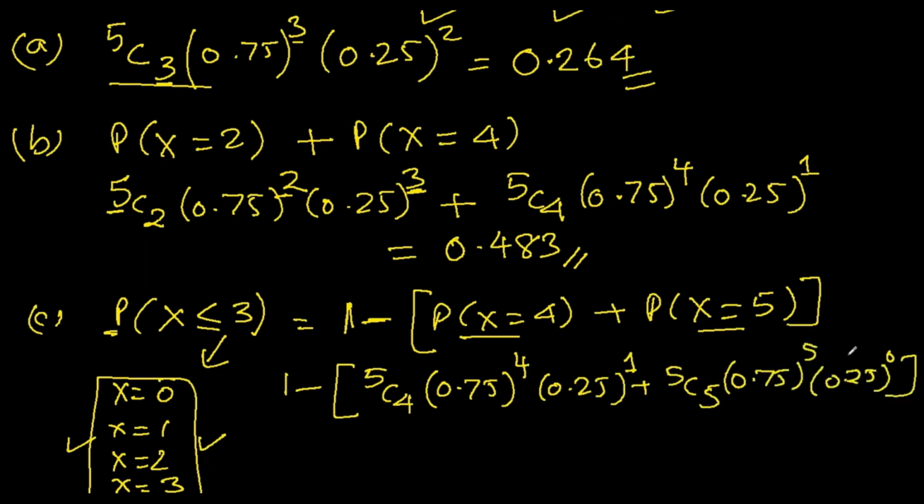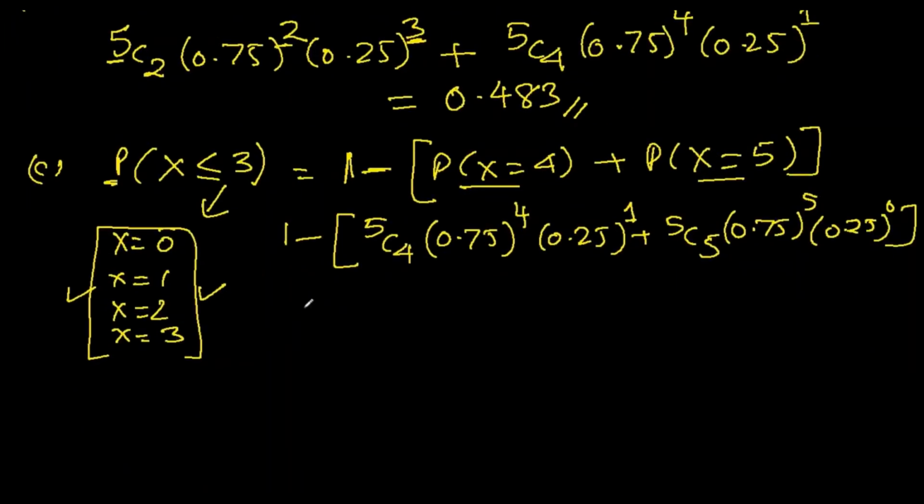So we just put this in a calculator and we'll get the probability for the same. So it will be 1 minus 0.633, and which will be finally 0.367. That's the probability that at most 3 of the families chosen will have cars.